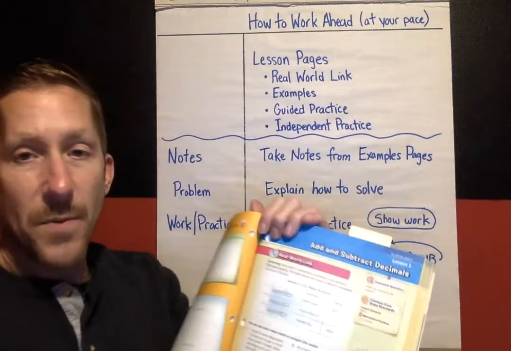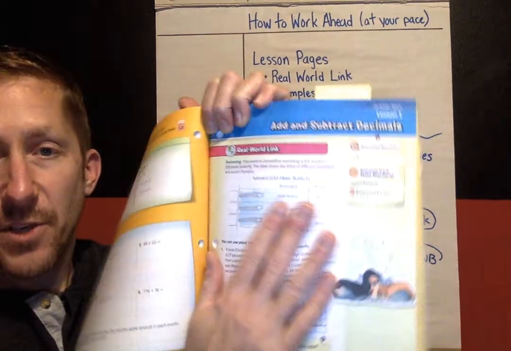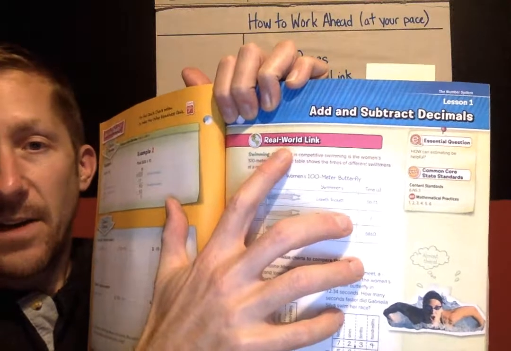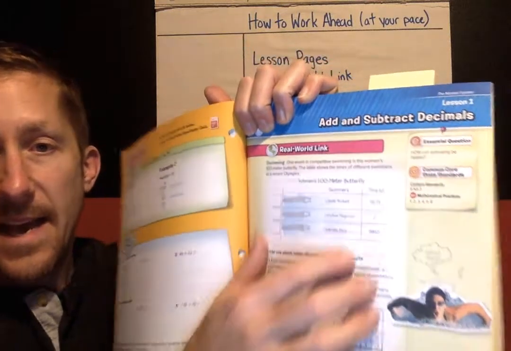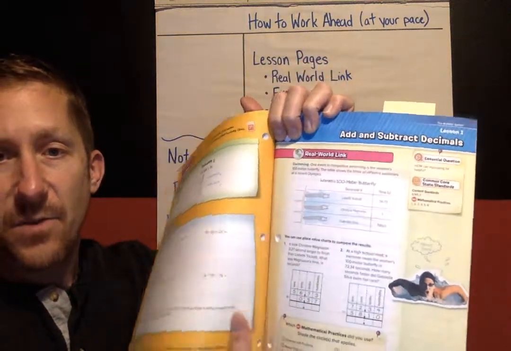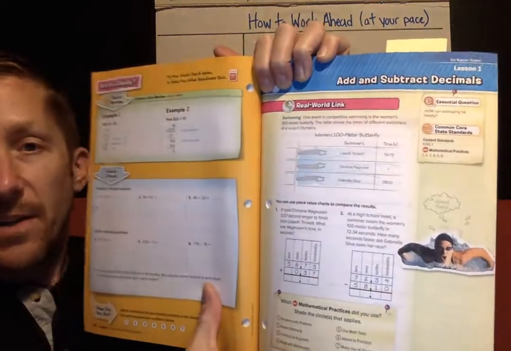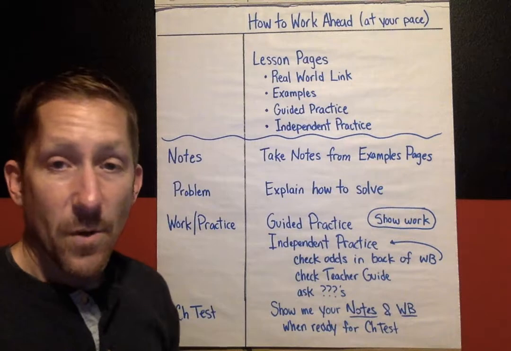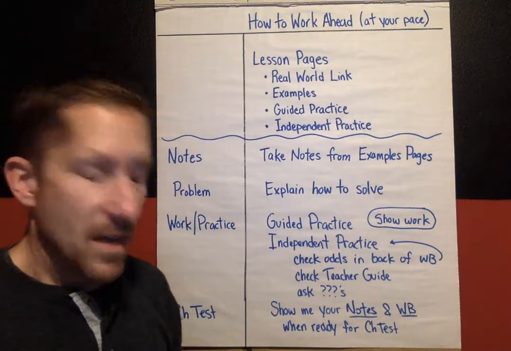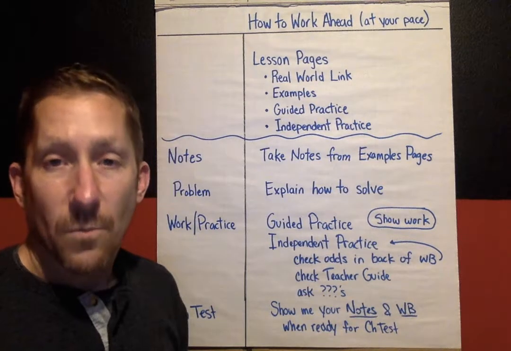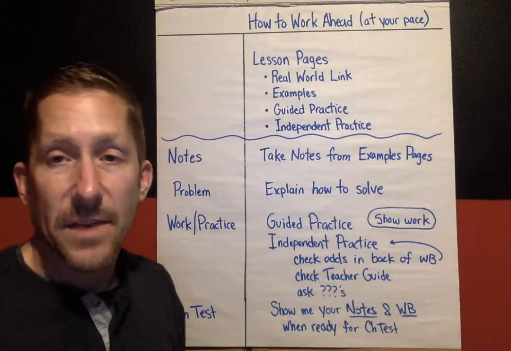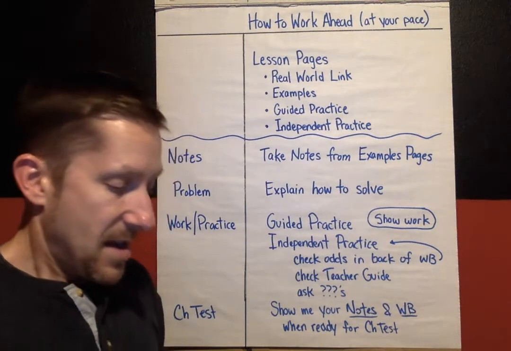The very first page of a lesson, which we usually don't do, has something called a real world link and a little activity to get you ready for the topic of that lesson. If you are working ahead on your own, I would want you to look through that page, follow what it says, and do the activity on that page.